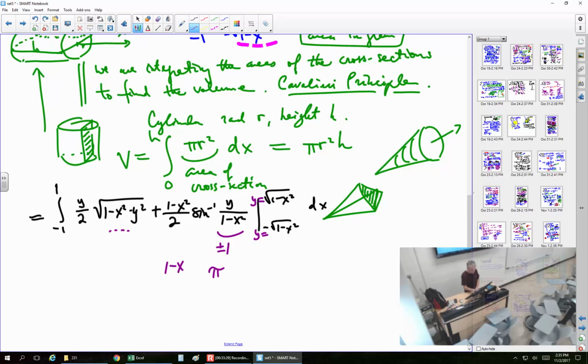Maybe I'm doing it too fast, but does it look reasonable? If I now start integrating, I'm going to have 1/2 of x minus x cubed over 3 from -1 to 1.